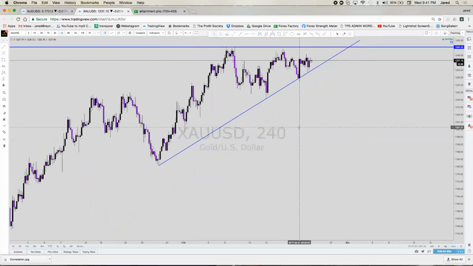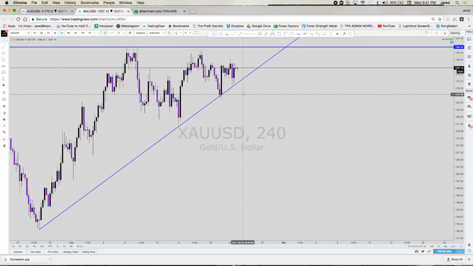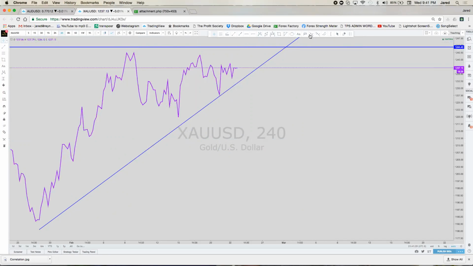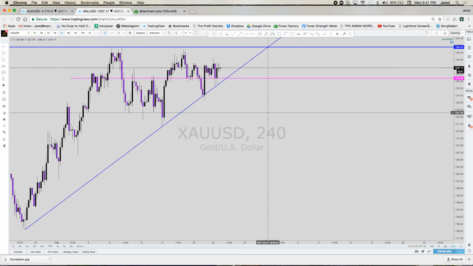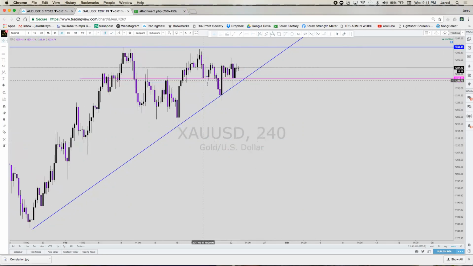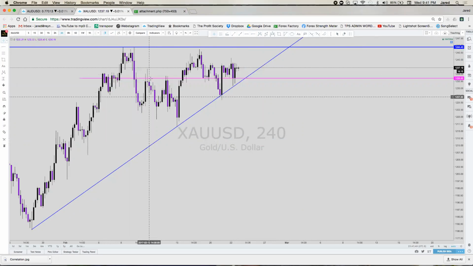This is the trend line I want to see broken and close below. But I also want to see the level broken because it's held some strength before. Struggle, struggle, test, test, break, test, test, break, test, and again.